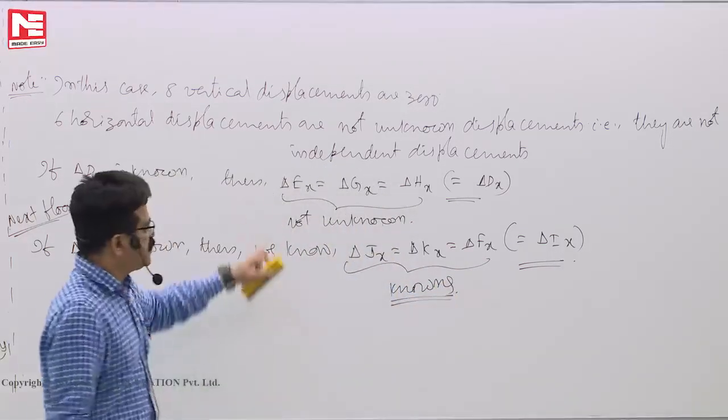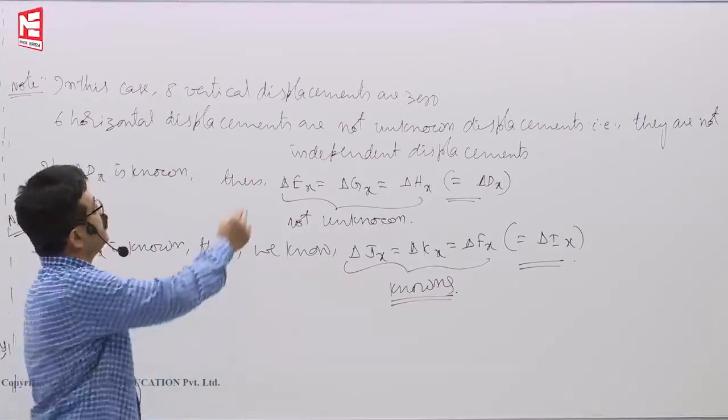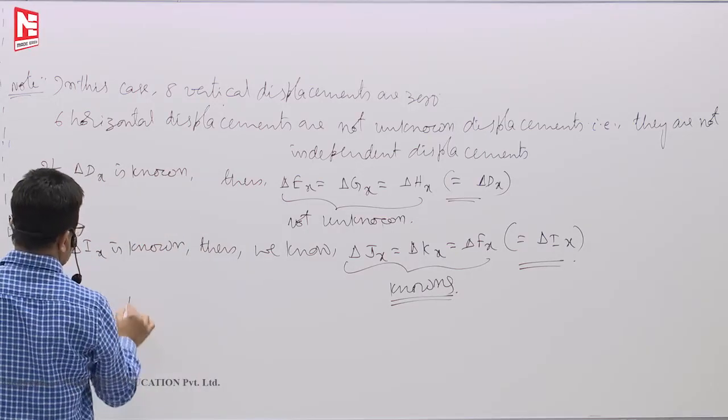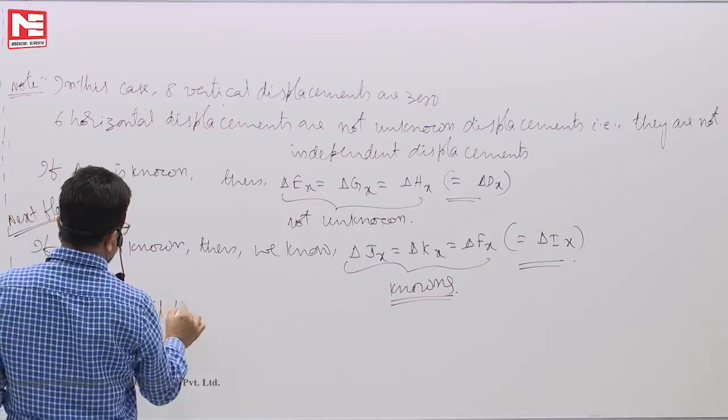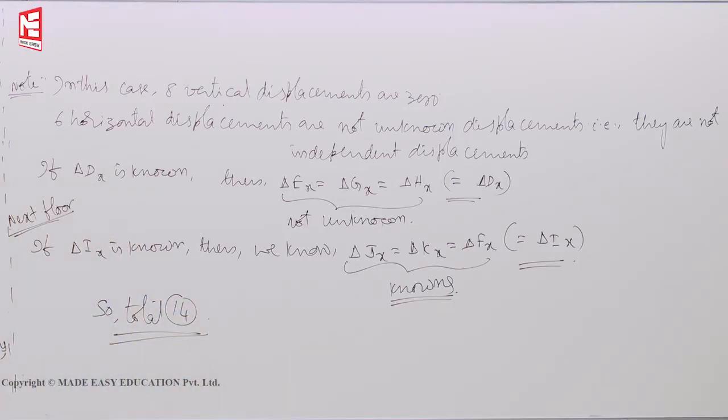So, 6 horizontal displacements are not 0, but we know them. But 8 vertical displacements are 0. So, total 14. That 14 you have to subtract.